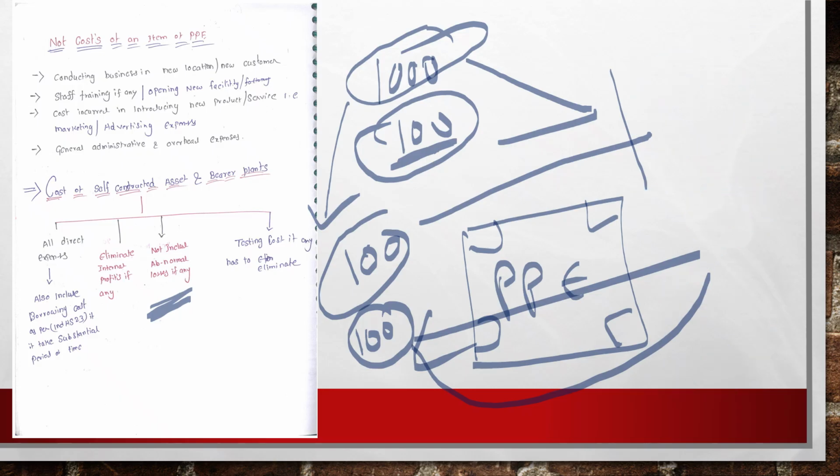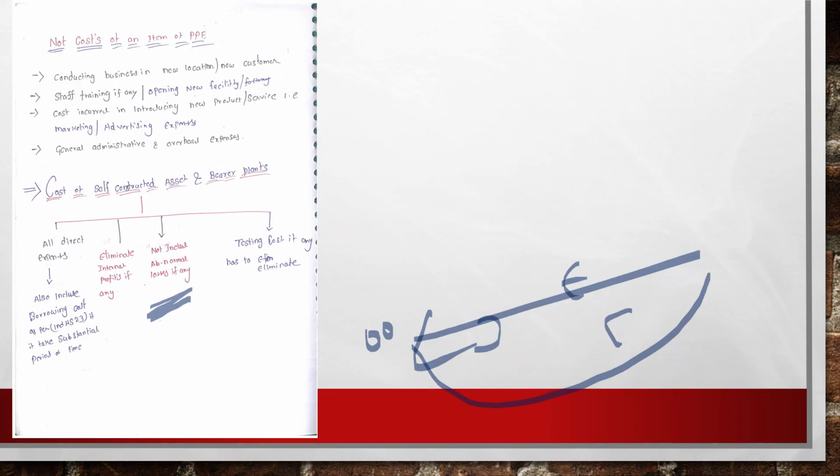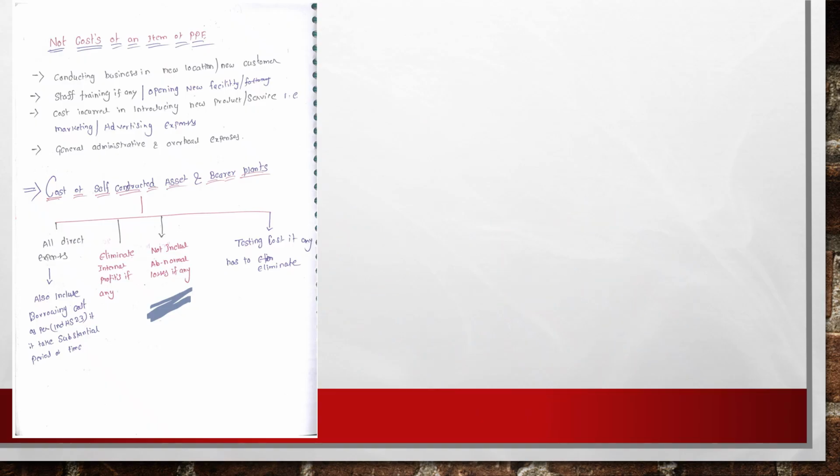That should be shown as an indirect expenditure in your P&L account, not as PPE cost in these situations. I already explained that if there are any testing cases, you should eliminate internal profits or any testing sale proceeds from the testing cost, and add net proceeds only while adding to the PPE.